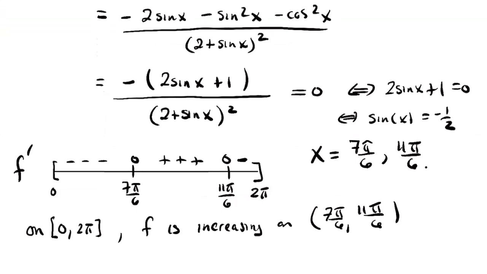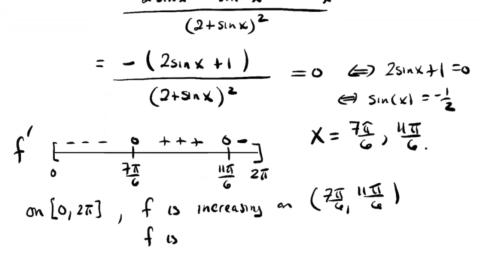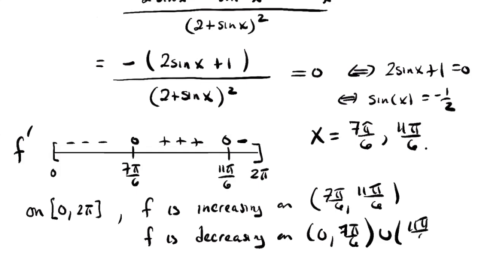And it's decreasing on the interval from 0 to 7 pi over 6, and again from 11 pi over 6 to 2 pi.